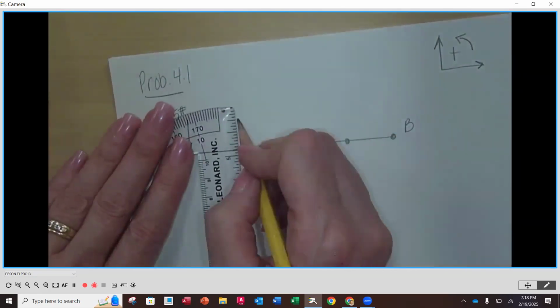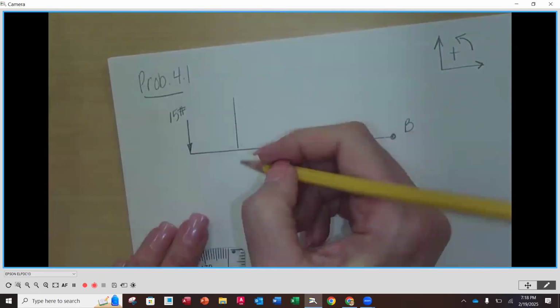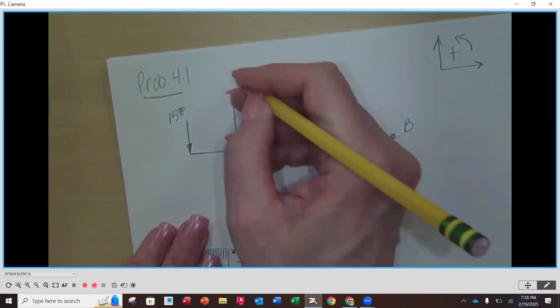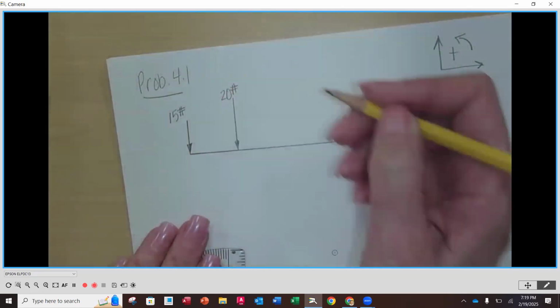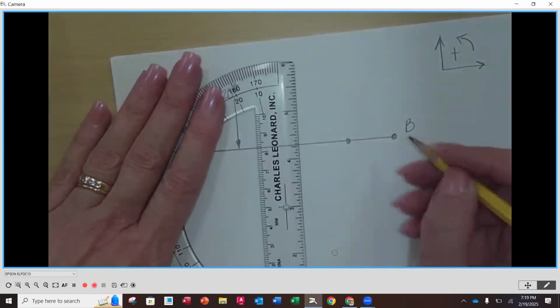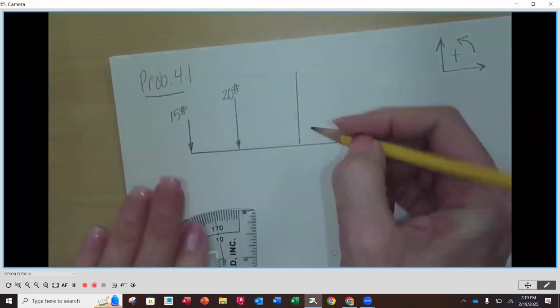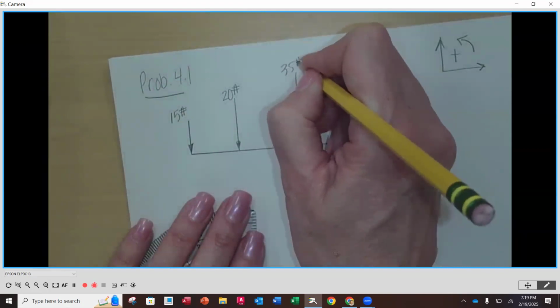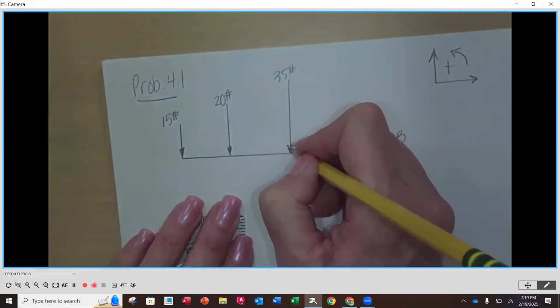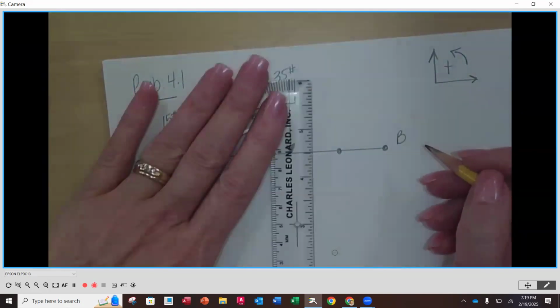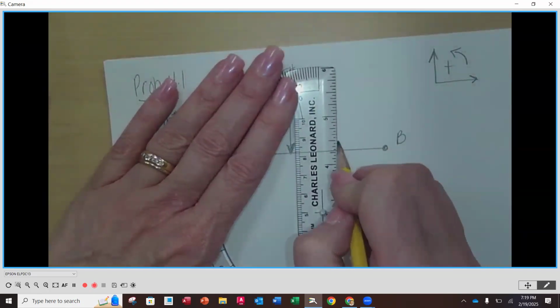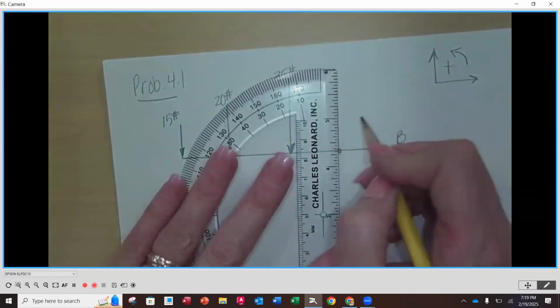Then I've got 20 pounds, a little bit larger. Then I've got 35 pounds going down. And then at A, I have 20 pounds again.